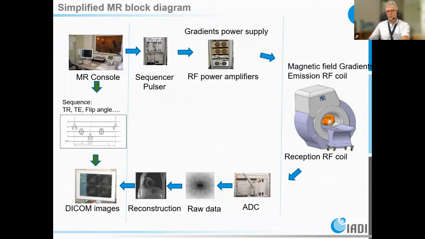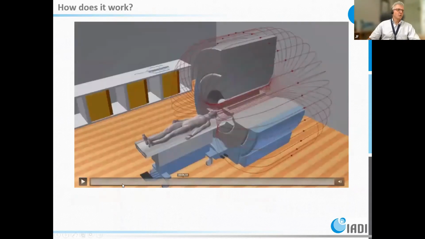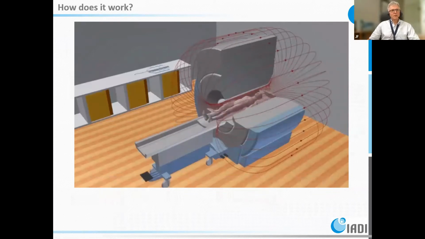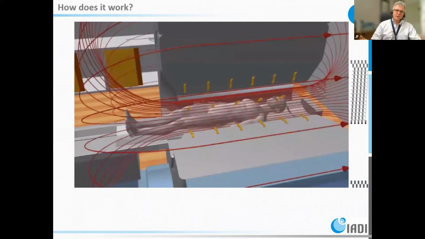So the goal is to go through this, and just a small video again. The patient is in the middle of B0. After, you send some radio waves, which go inside the patient. That's how you get some RF back from the patient.